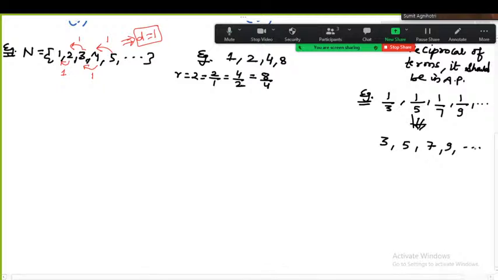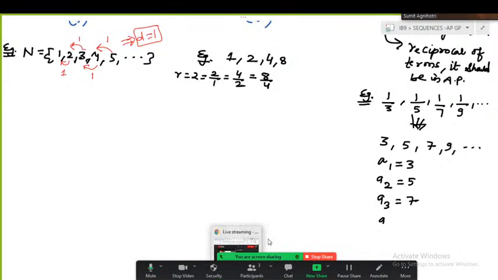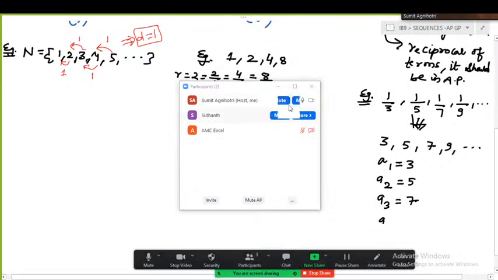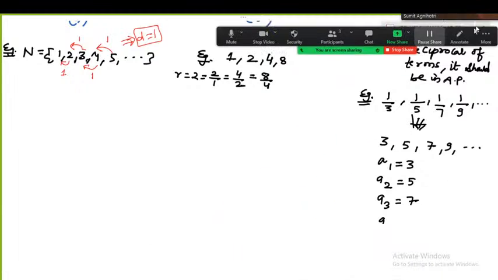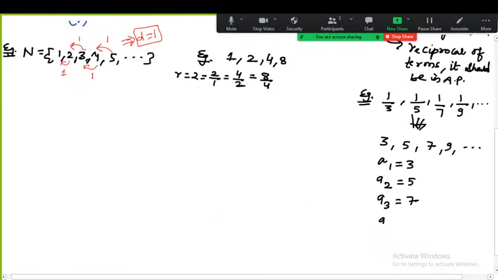The first term a1 is 3, the second term a2 is 5, the third term a3 is 7, and the fourth term a4 is 9, and similarly we have different terms.